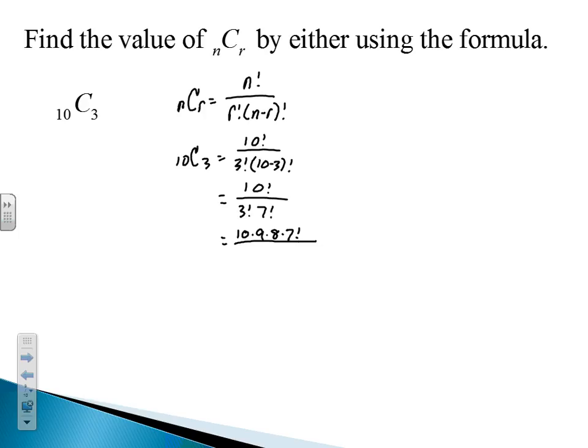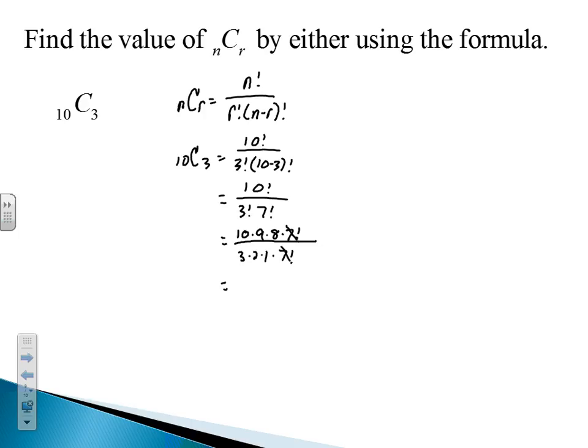The fact that 7 factorial is bigger than 3 factorial tells me I'm going to stop there, but I still have to expand the 3 factorial in the denominator. And we'll see those two things simplify out.